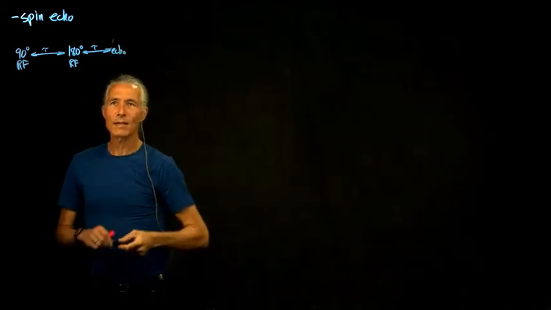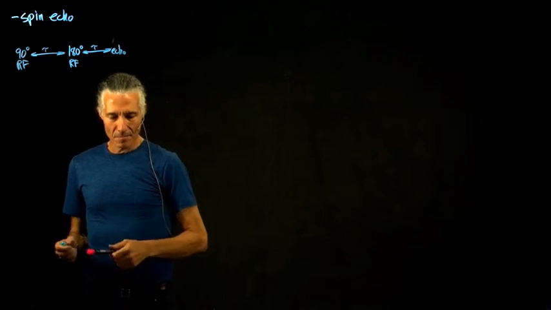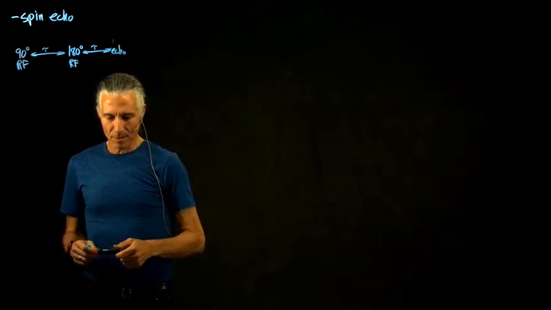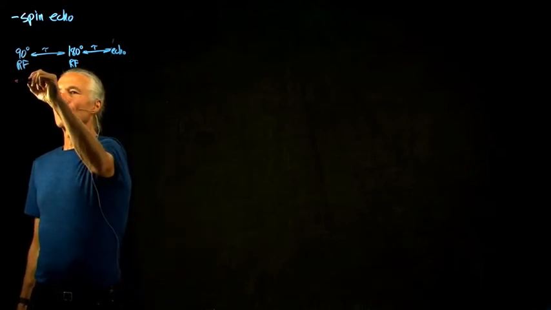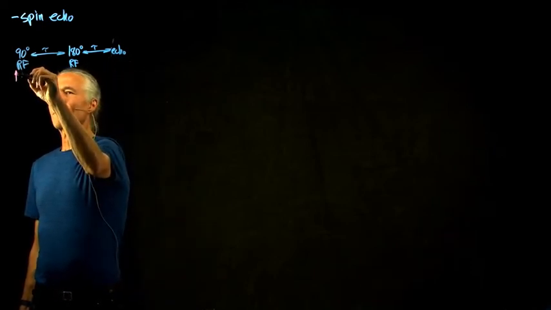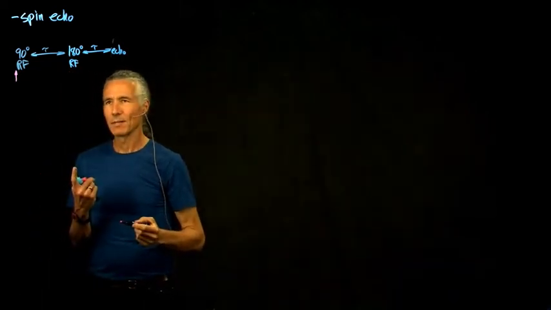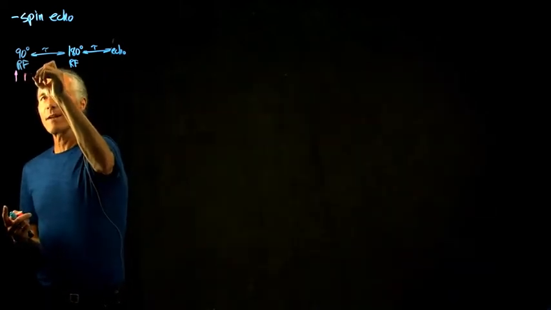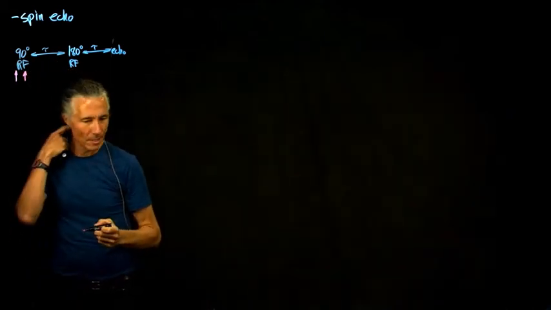And I'll diagram out several different points along this. So what happens right before we do the 90? Well, we should just be longitudinal. And then what happens right after we do the 90? We should just be pure transverse.